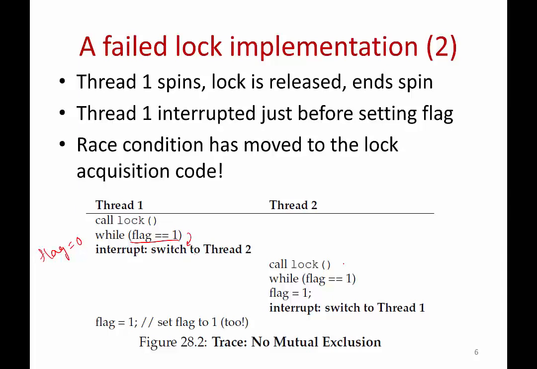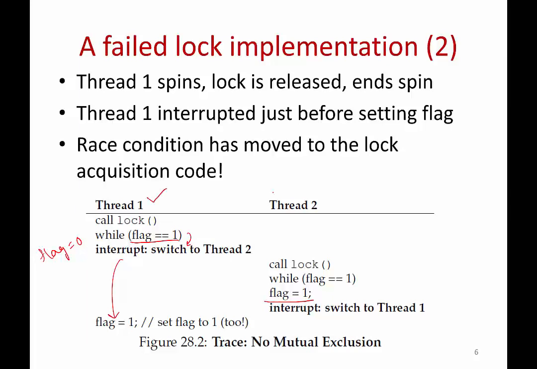Now your flag is 0, your thread 2 runs, it sees there's nothing to spin on, this while loop immediately finishes because the flag is 0, and then it sets the flag to 1 and you go back to thread 1. Now thread 1 doesn't check the flag again, right? Ideally it should have realized the flag is set to 1, but it doesn't check because when it stopped, it remembered all its registers, PC, everything, which indicate the flag is 0. Therefore it will directly go set the flag to 1. So what has happened?